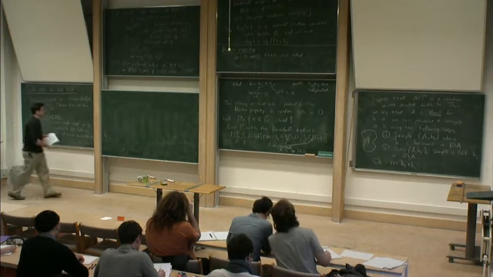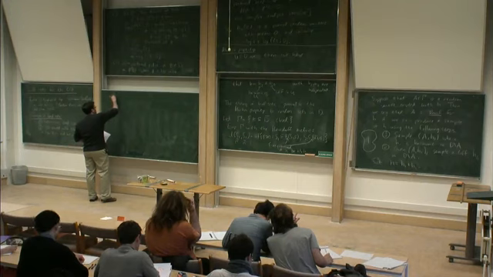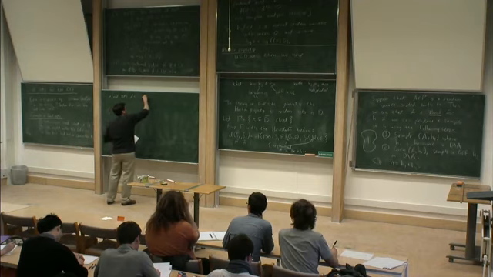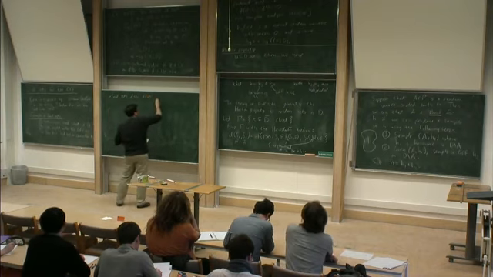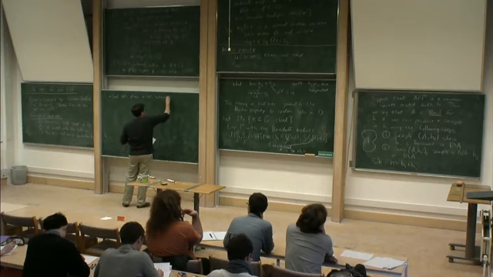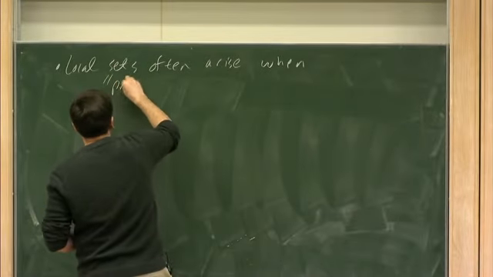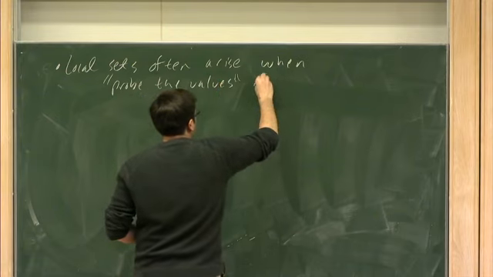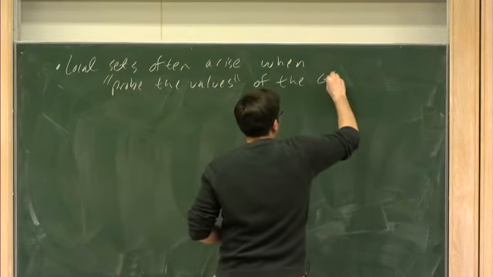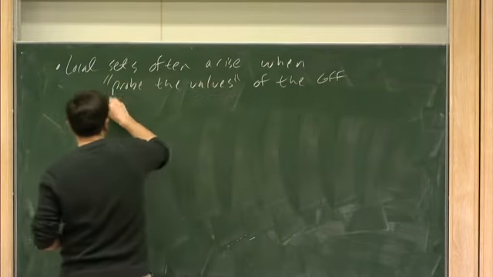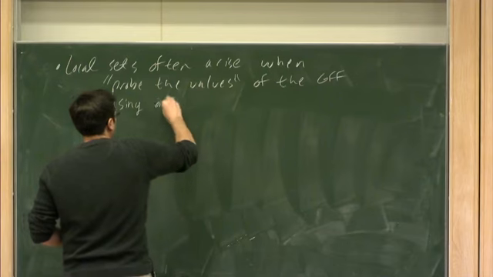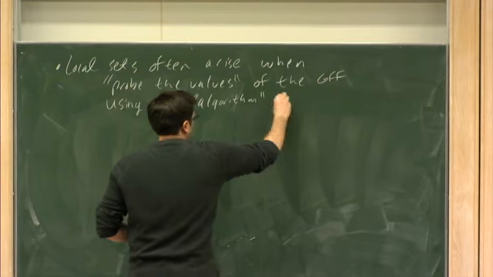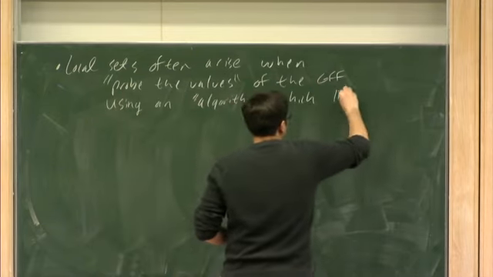They often come up when you probe the values of the Gaussian free field using some kind of algorithm which is somehow Markovian.